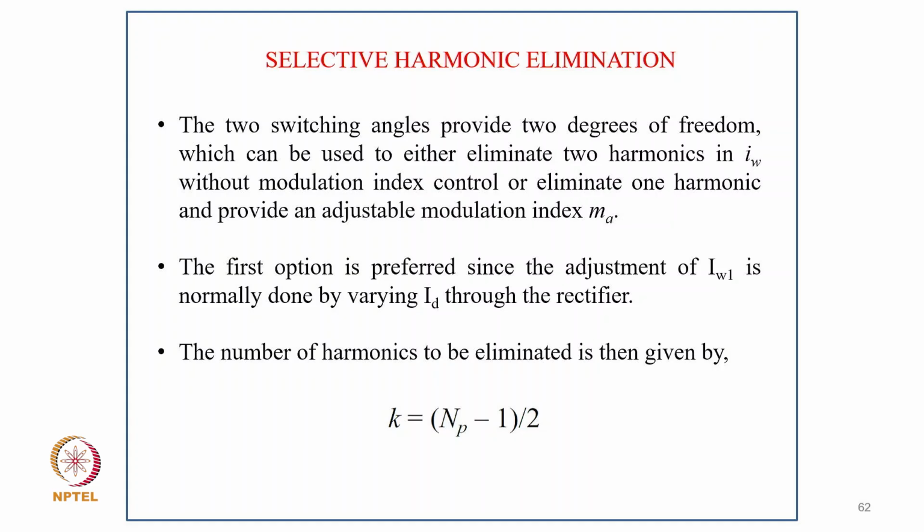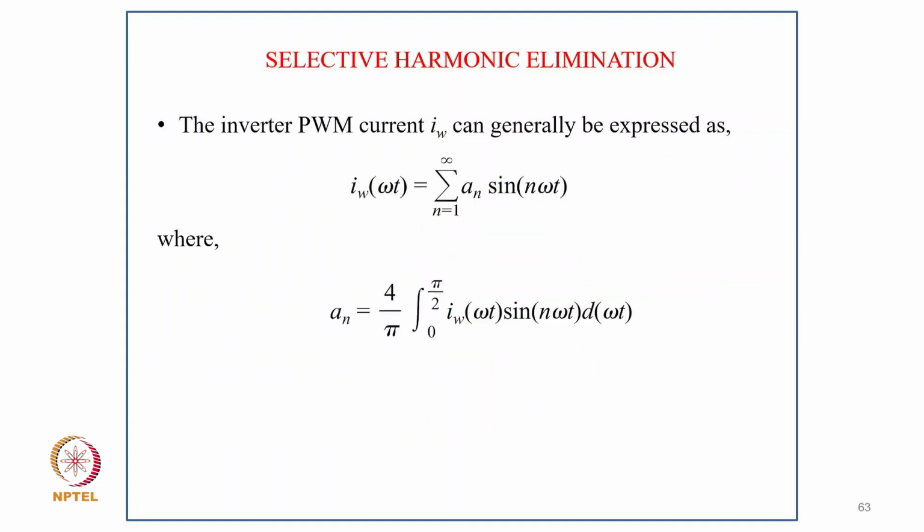The number of harmonics that can be eliminated is then given by K equal to (NP minus 1) by 2.